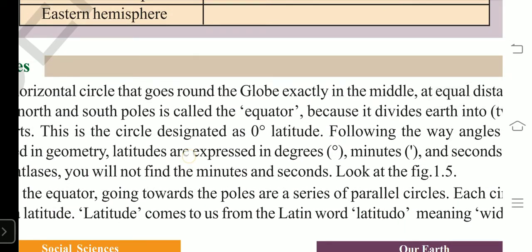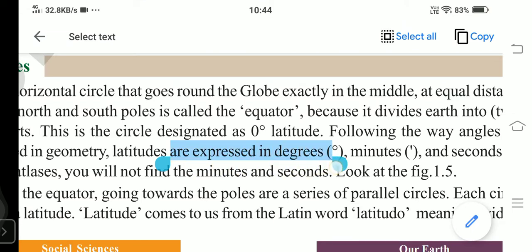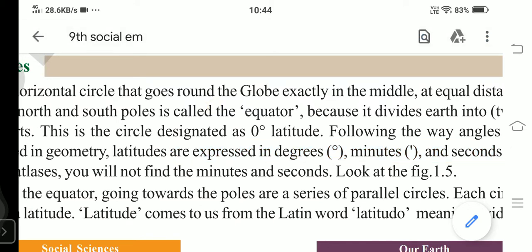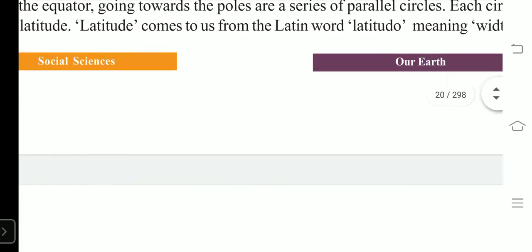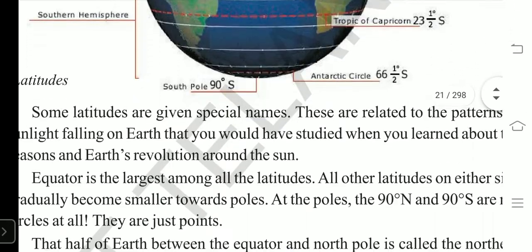Dear students, see that latitudes are expressed in degrees, minutes, and seconds, because it is connected to time, so it is mentioned compulsorily. When we mention the latitudes, you have to use the symbols for degrees, minutes, and seconds. Sometimes minutes and seconds are not required here. If we use degrees, that is enough. Okay, so those are latitudes. I think it is clear to you, right?